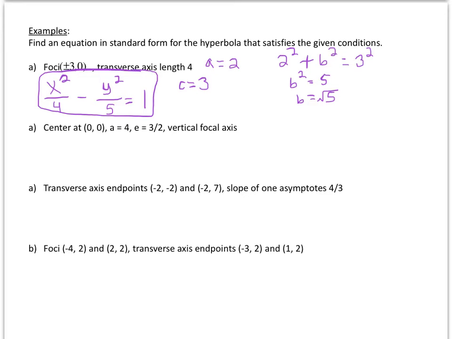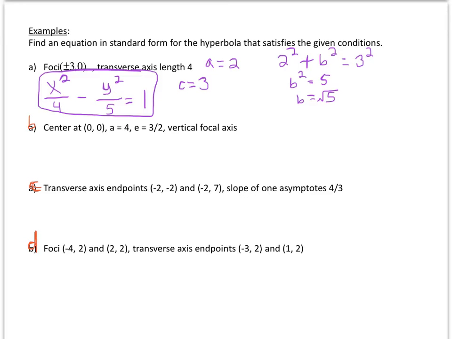Here we go, A, B, C, D. So now we're on B. It's centered at 0, 0, so we know what chart to use. It tells us a is 4, e is 3/2, and the focal axis is vertical.